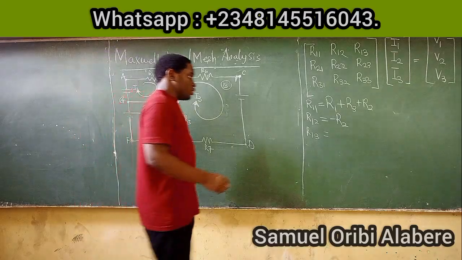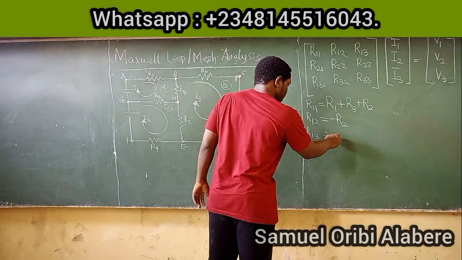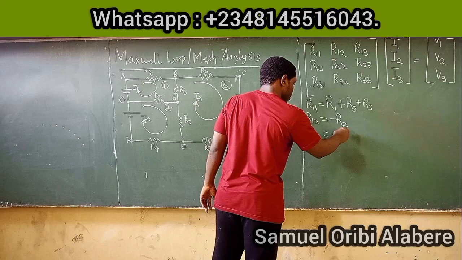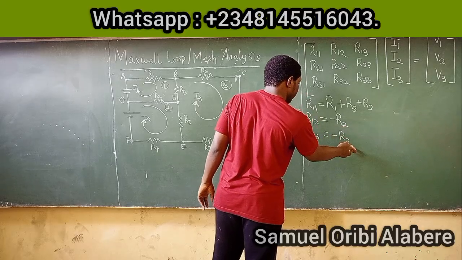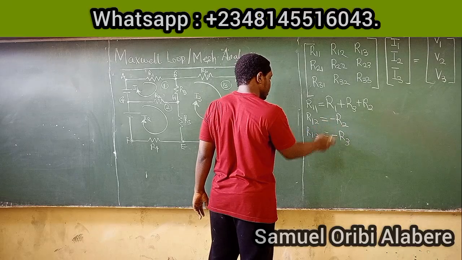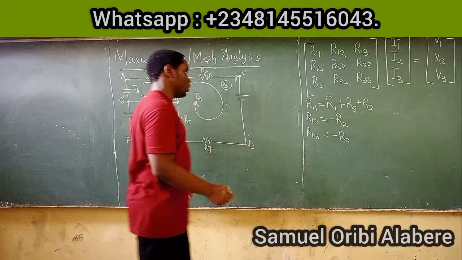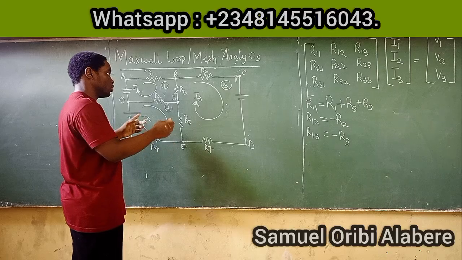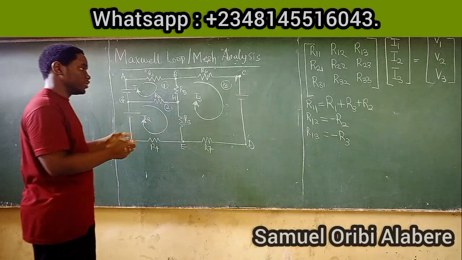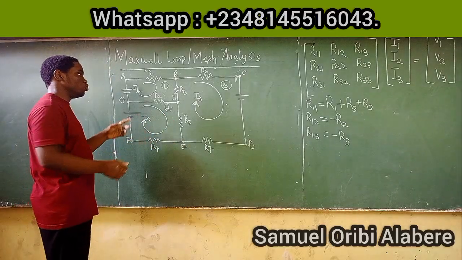So we will write the negative of R3. Both of them will be negative, since they are both mutual resistances of two loops.